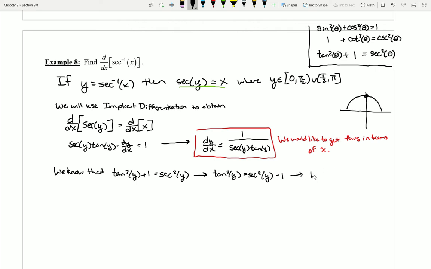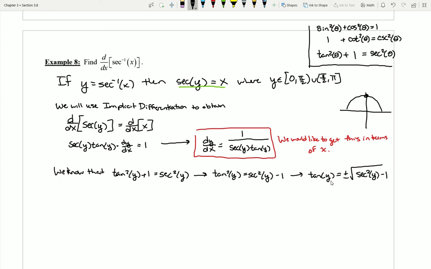And if I square root both sides, I get that tangent of y is equal to plus or minus the square root of the secant squared of y minus 1. Okay, so I have something now to replace the tangent with, except that it has a plus or minus on it. So I'm going to need to figure out if this thing is going to be positive or negative.